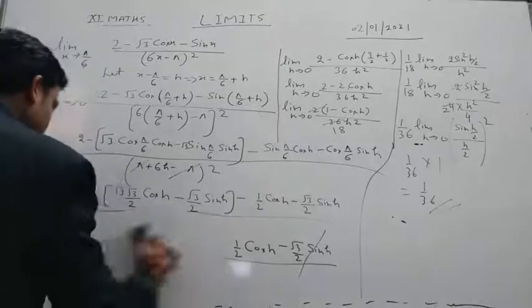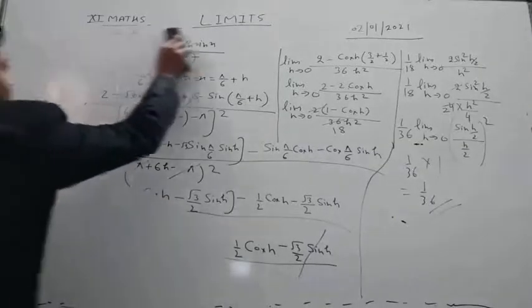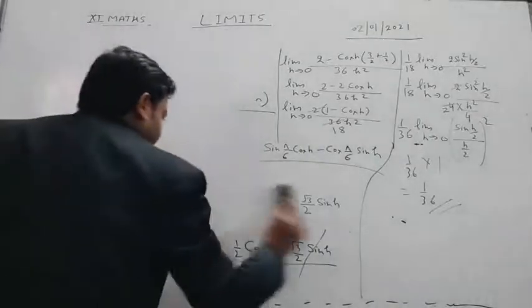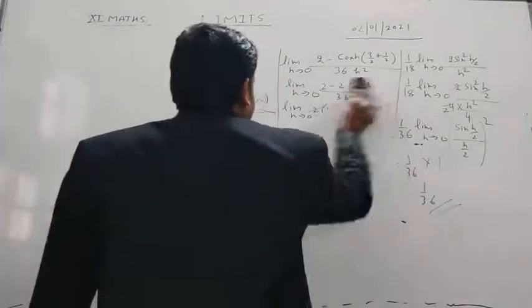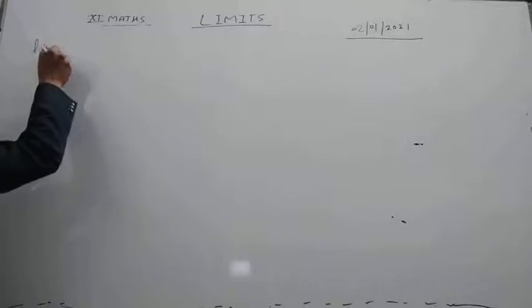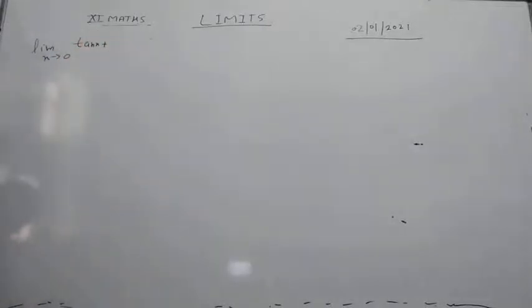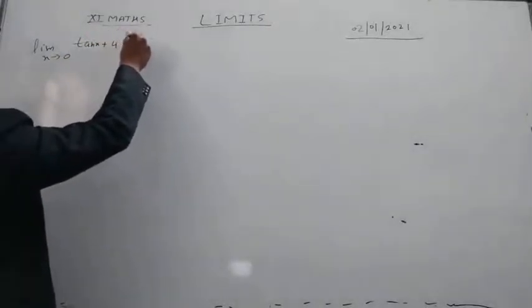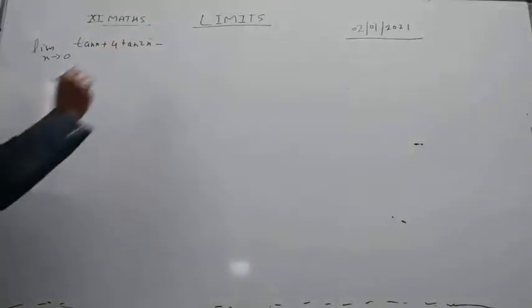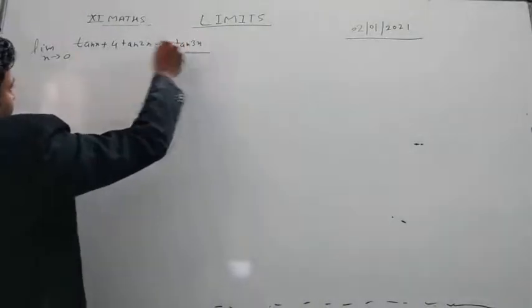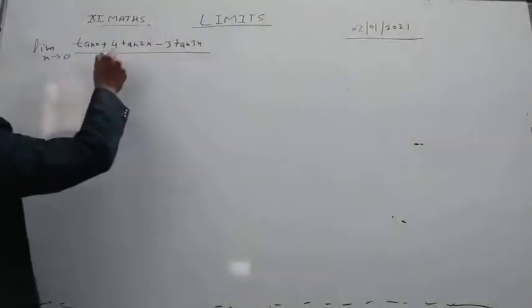Our next question is limit x tends to 0, (tan x plus 4 tan 2x minus 3 tan 3x) by x square tan x.